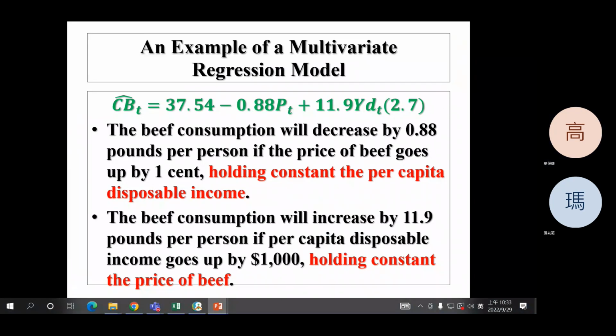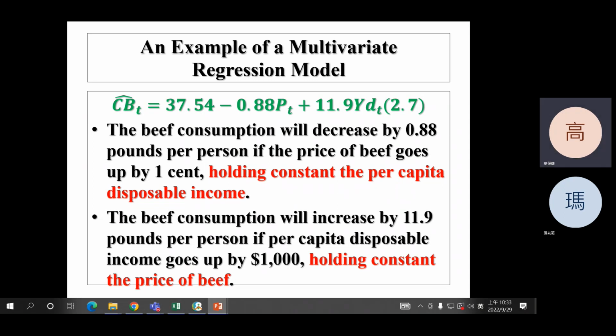Okay? All right? And again, the beef consumption will increase by 11.9 pounds per person if per capita disposable income goes up by 1,000, because the YD is measured in $1,000.